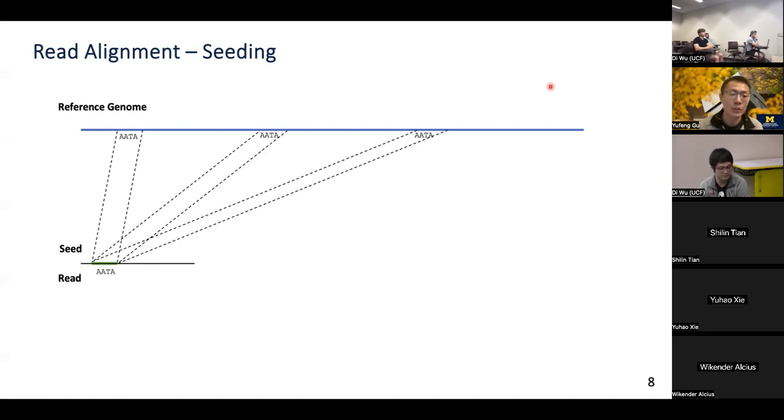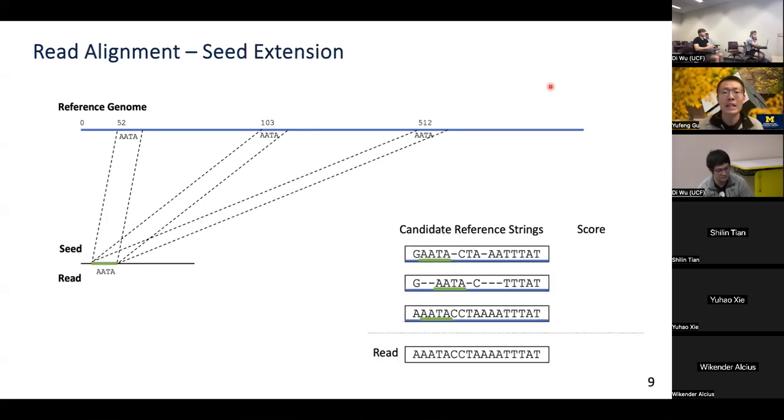For these seeds, we could find multiple candidate positions. And from this mapping of seeds, we extend in both directions. When we extend them, we could tolerate some error, so we name it approximate string matching.